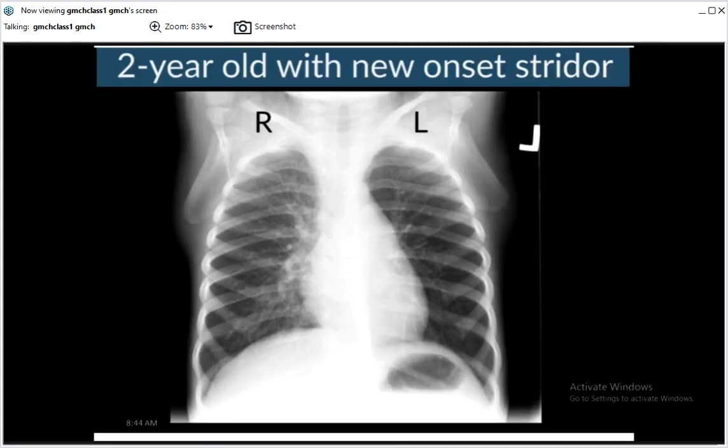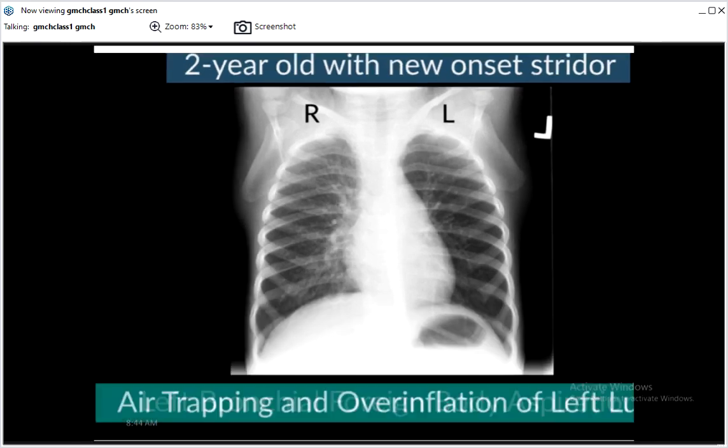So coming to the asymmetry, if you see this X-ray, what you can see, if you count the ribs, this 1, 2, 3, 4, 5, 6, 7, 8, 9, 10, and on this side 1, 2, 3, 4, 5, 6, 7, 8, 9, 10. So you see the 10th rib is just above the diaphragm. If you compare the density of the two sides, it's a bit blacker on the left side as compared to the right side.